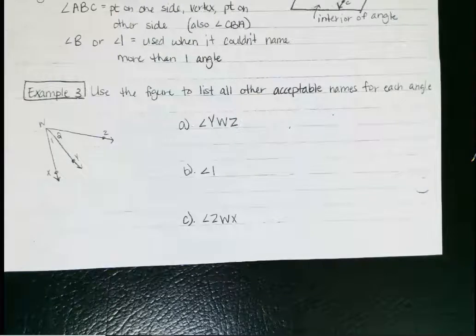All right, example 3 says use the figure to list all other acceptable names for each angle. So angle YWZ. What else could we name that? Good, we could name it angle ZWY.